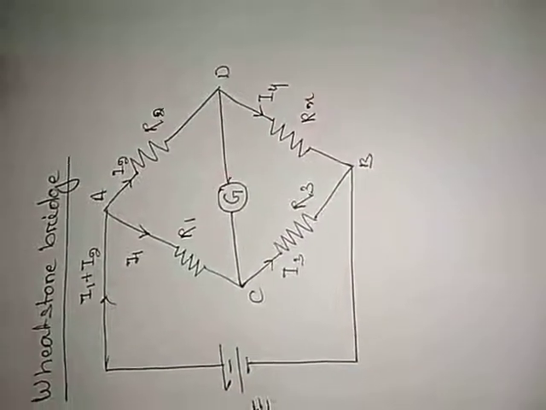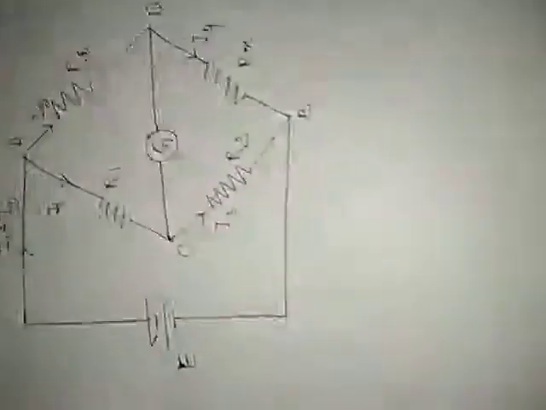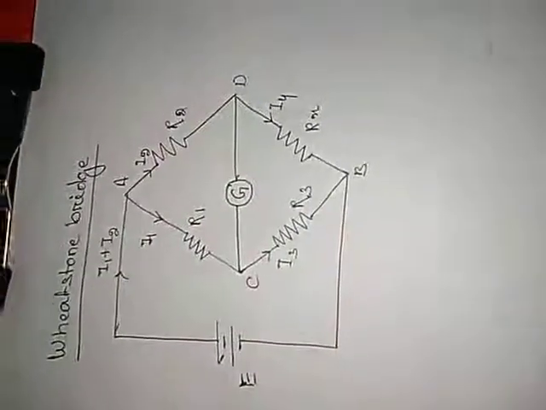When the bridge is balanced, it means no current is flowing through the galvanometer.